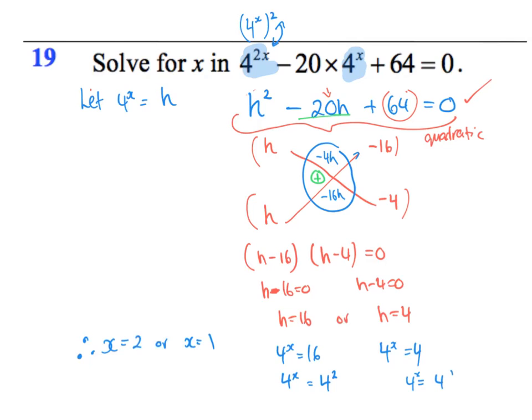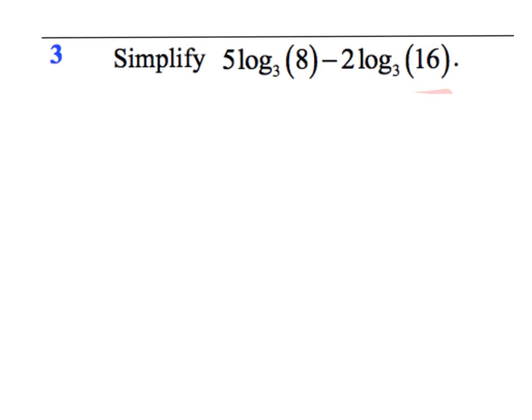All right, let's move to the next one. Here we go. So we've got 5 times log 3 to the base of 3, 8 minus 2, blah, blah, blah. I don't want to have this here because that's going to stop me from doing my other log laws. So I want to move that into, so it's just log.